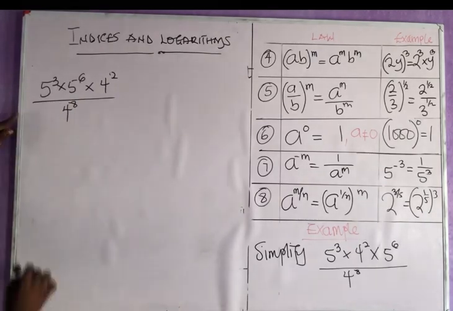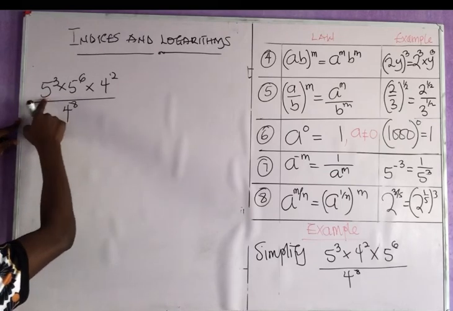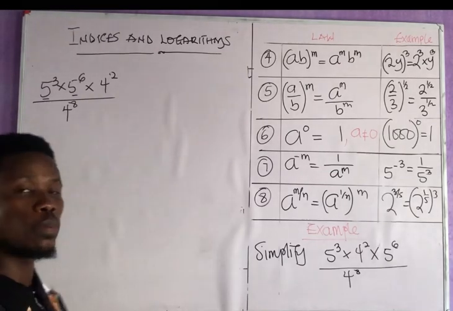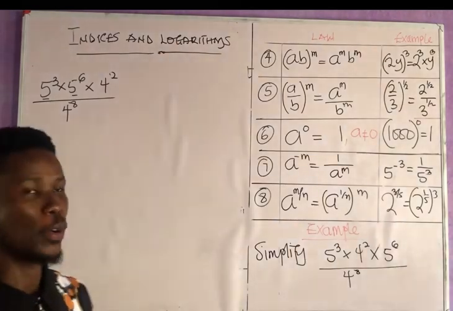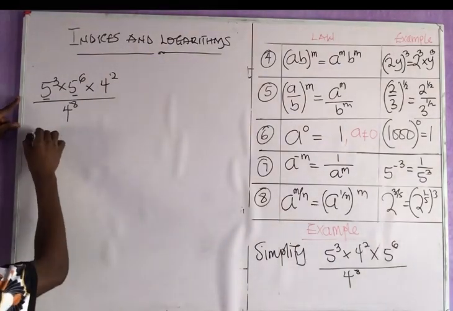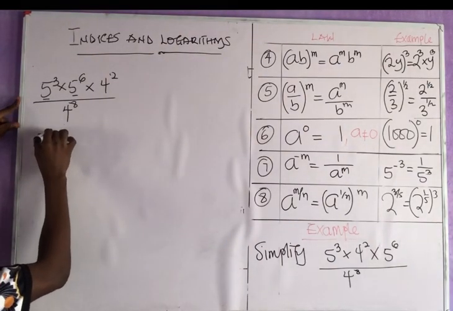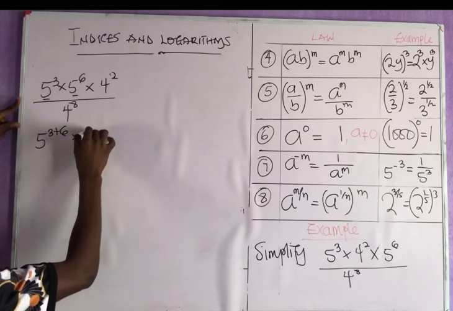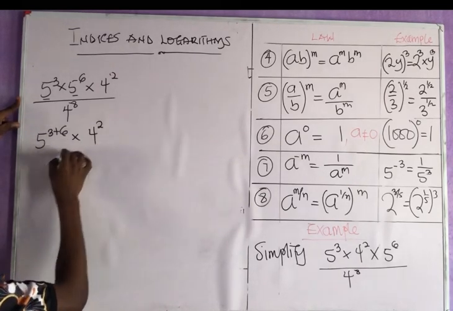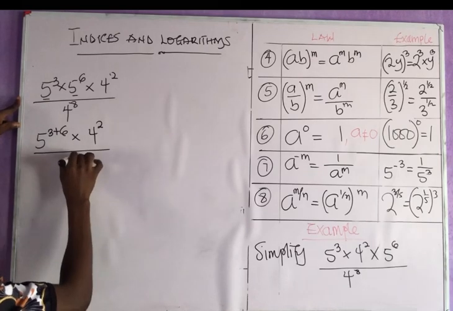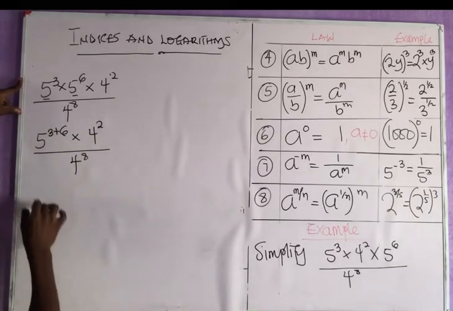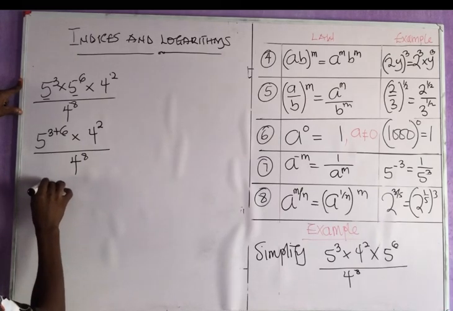Alright, so from here, this and that have the same base. So if they have the same base, you simply do what? Add their powers. So from here, I can have 5 to the power 3 plus 6 multiplying by 4 to the power 2, all divided by 4 to the power 8. So once I'm adding their powers, that will give us 5 to the power 9.